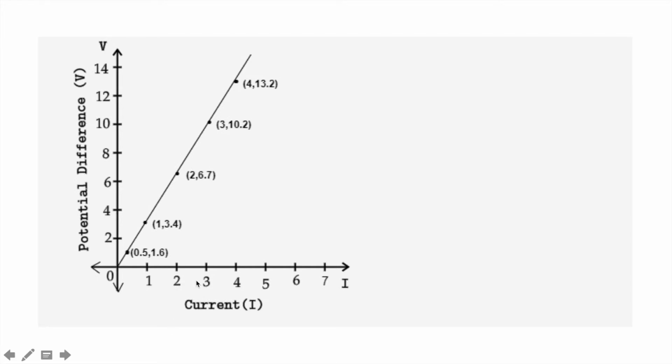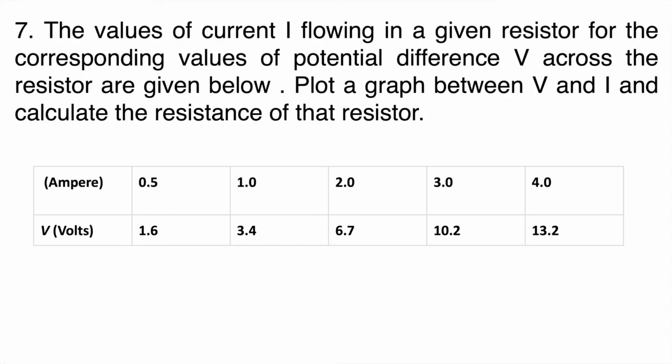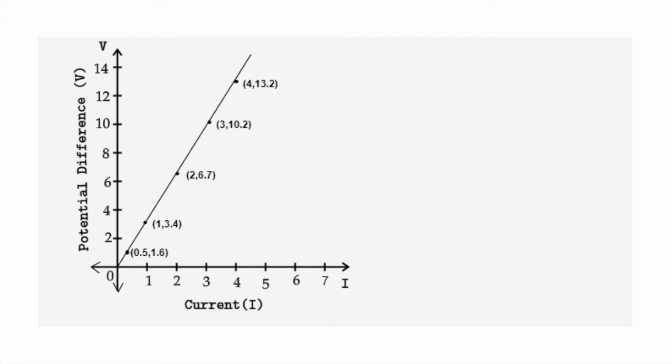So we can plot a graph like this using the given values. Okay, current I am taking in the x-axis and potential difference V I am taking in the y-axis, and check the corresponding values again. Potential difference it is 1.6 and current it is 0.5 ampere. It is here. In the next case the potential difference it is 3.4 and the current it is 1.